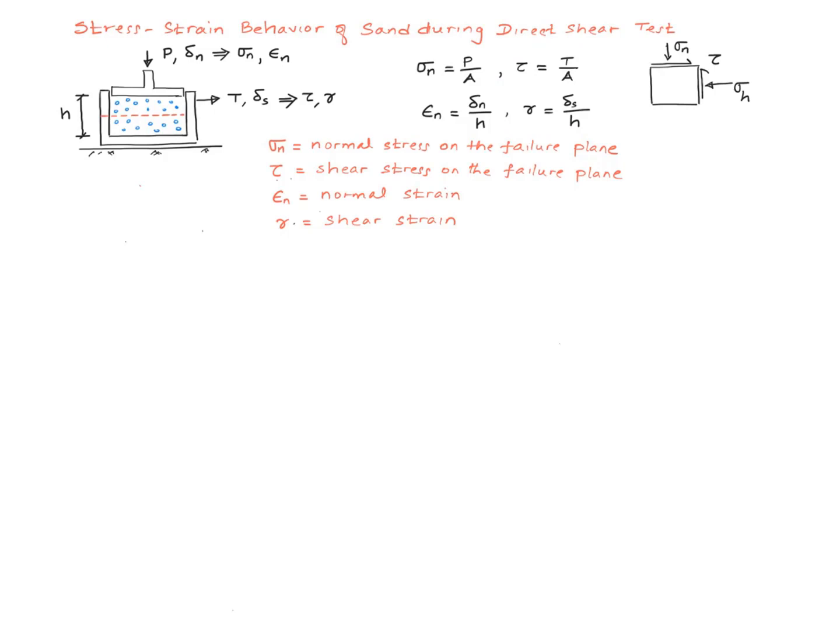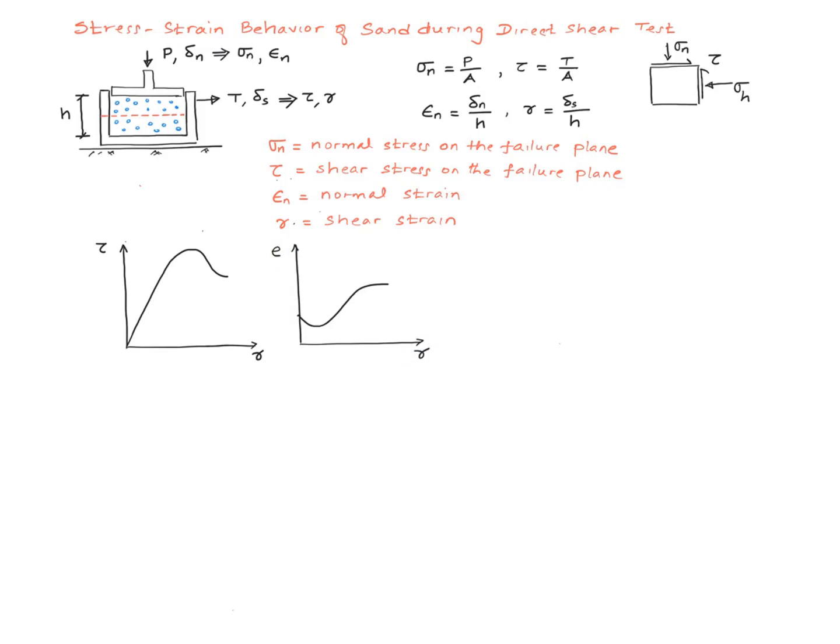Like we did before, if I take a little element right here, the stresses acting on that element are shown over here. If I were to plot the data we obtained during the test, my plots might look something like this. In the first graph, I'm plotting the relationship between the shear stress and the shear strain, and in the second graph, I'm plotting the relationship between the void ratio e and the shear strain.